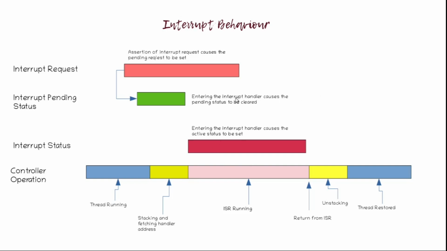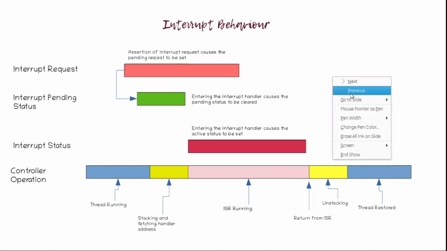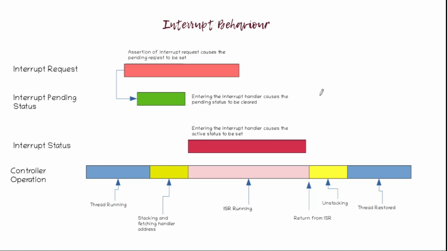Now, as I said, you are going to have some registers where you will have a pending bit set. So here probably you have a register, maybe a 32-bit register, and say a particular bit in that register is going to be set to, say, 1.